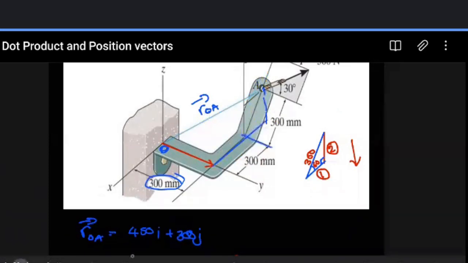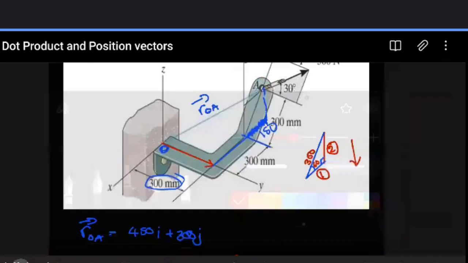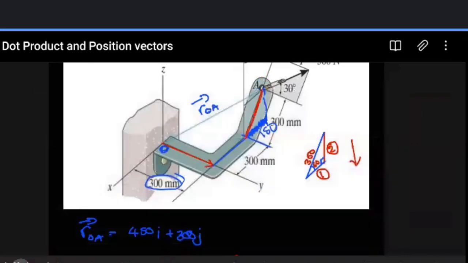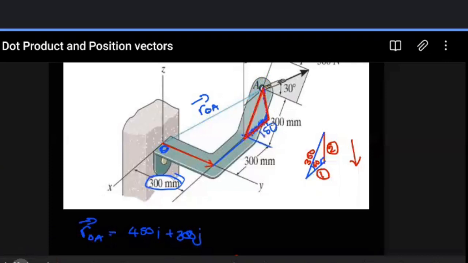But this piece here is the one that we were finding. This is the 150, because this is what makes a right-angled triangle with this. Do you see that? Yes, I see it. So in the end, to get the distance all the way from here up to there, it's 300 plus 150. Do we have a question?